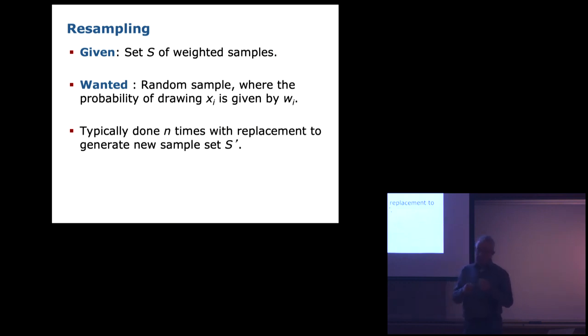And then we will talk about the difference or the properties of those. So what we typically have is a set of weighted particles with uneven importance weights, and what we want to have is typically a set of particles that is distributed according to this weighted particle set with importance weights that are uniform.